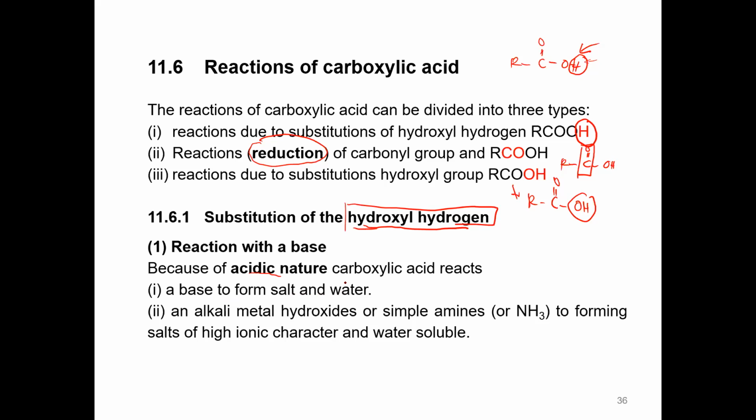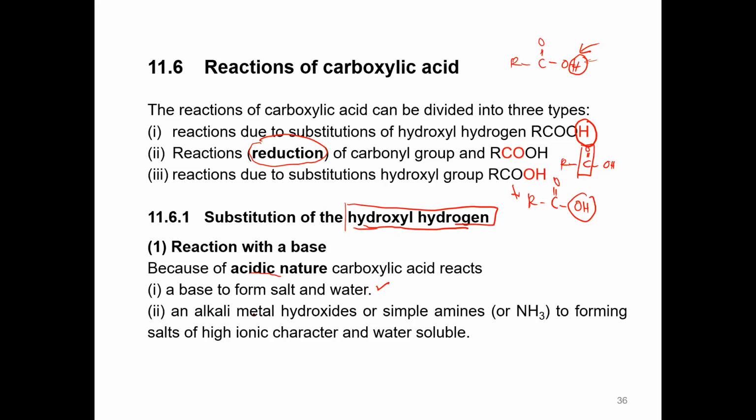So of course when we add a base, it reacts with the base to form a salt and water molecule. This is the first reaction involving the substitution of the hydroxyl hydrogen. Because an acid, its nature is to donate, it will release a proton, hydrogen, H plus, right?